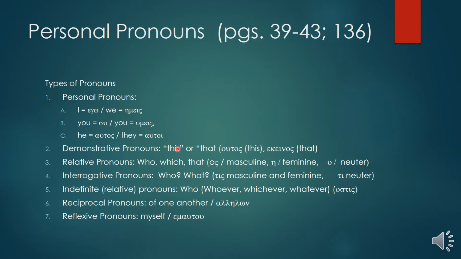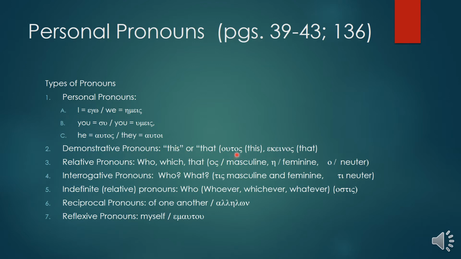If I say that one's yours, that's far demonstrative. So there are really two types, near demonstrative pronouns and far demonstrative. This is mine is a near demonstrative pronoun. That is yours is a far demonstrative pronoun, meaning it's far from me or away from me.